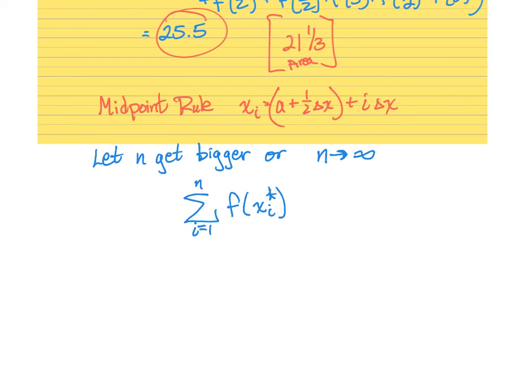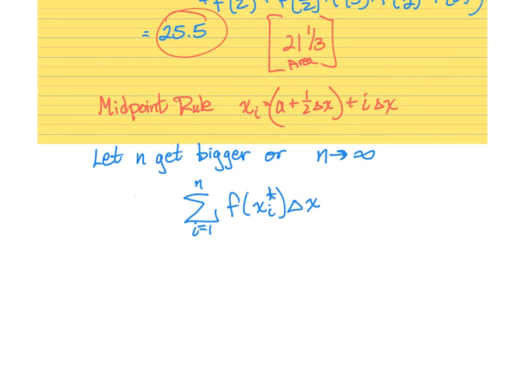That formula is going to change for x sub i. But anyway, you evaluate your function at either the left or the right endpoint, times the delta x's, and you add those up, and that gives you the nth area, the area under n rectangles.